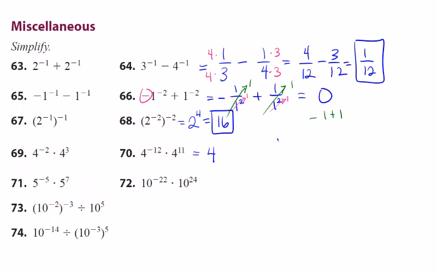So we can add negative 12 plus 11, and we get negative 1. And then 4 to the negative 1 power, negative exponent there, we can drop it. So it becomes 1 over 4 to the positive first. And that invisible 1 there, we can just leave out and just leave it as 1/4 simplified.